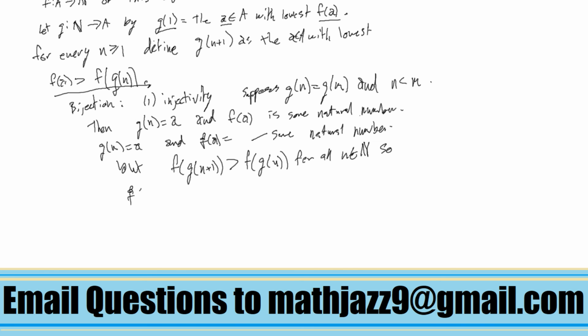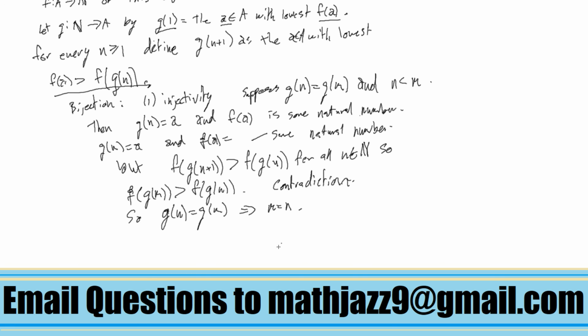So f of g of m must be strictly greater than f of g of n. And that's a contradiction. So g of n equals g of m implies that m equals n. Okay, so the other part, surjectivity.